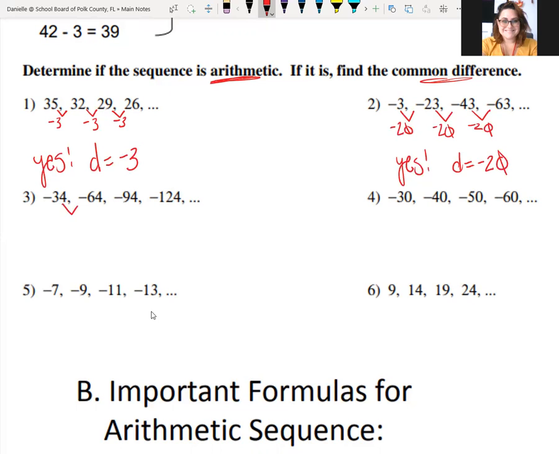And we quickly see that this one is also, this one's minus 30. So yes, d equals negative 30. Over here, this is also one because it goes by minus 10.